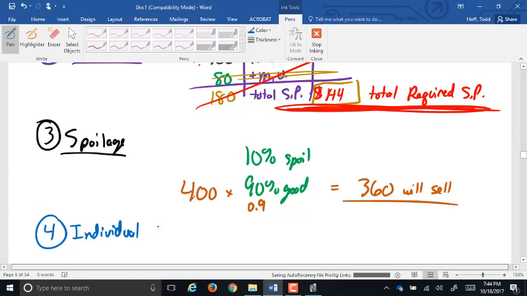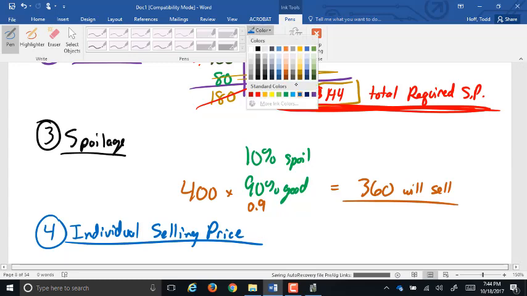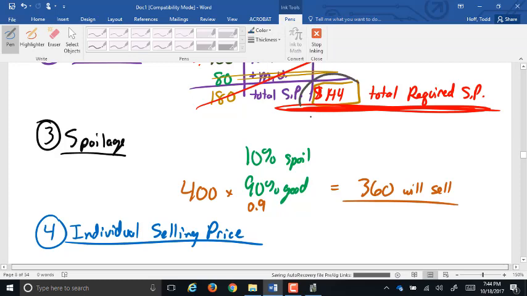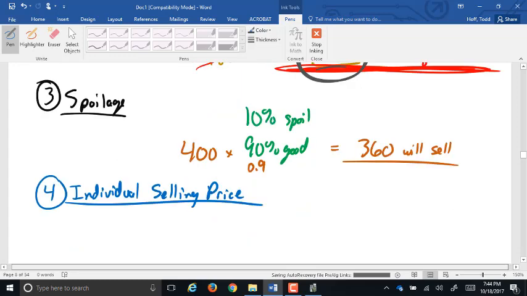So the last step is to find the individual selling price. And I'll move this up in just a second for you. The individual selling price is found. I have to take the total selling price of the $144 and divide by the number that are going to sell, the 360.